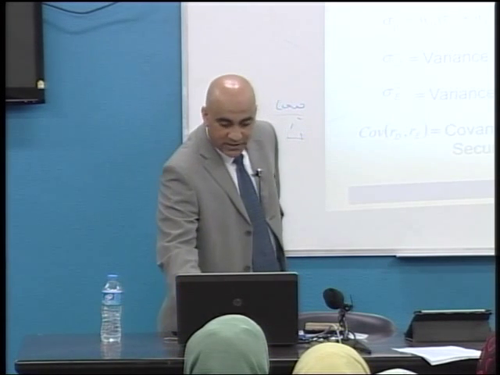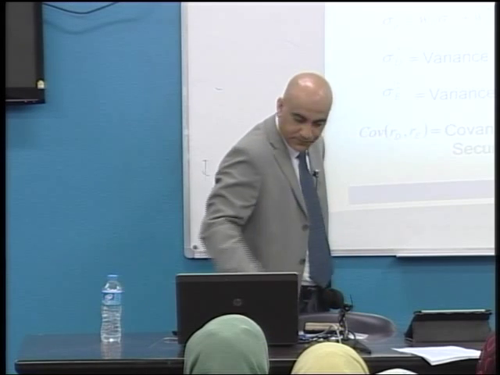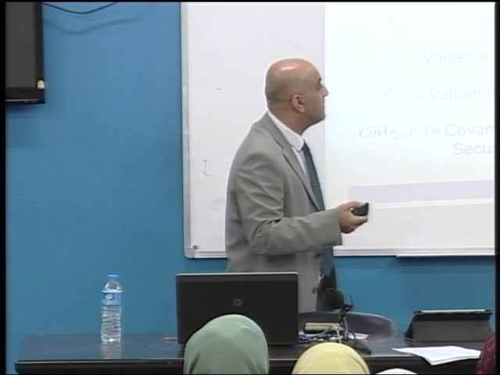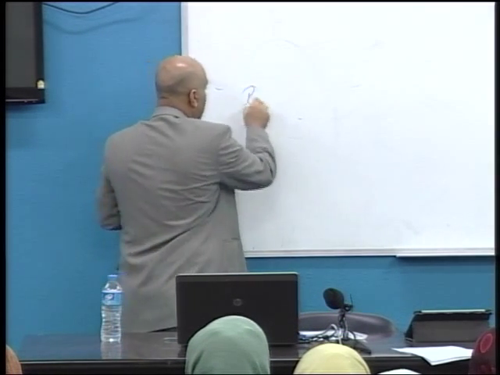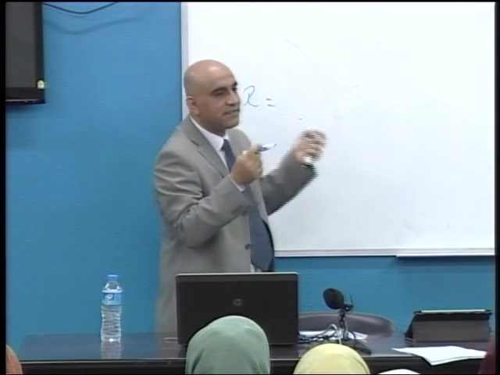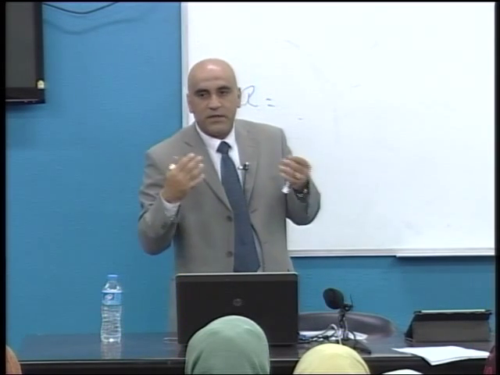Okay, so how to calculate the sigma? As I told you, calculating sigma is not as friendly as the return of the portfolio, because the return of the portfolio, as I said, is not influenced by the combination of assets.